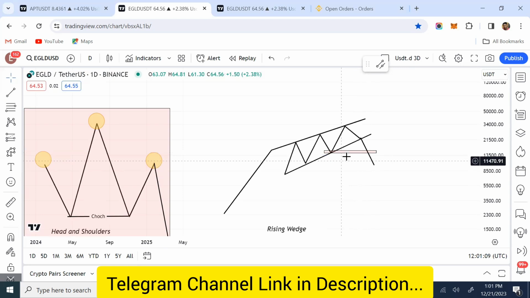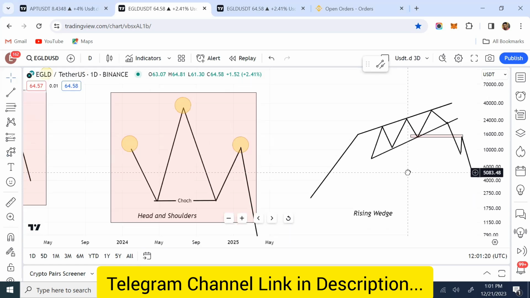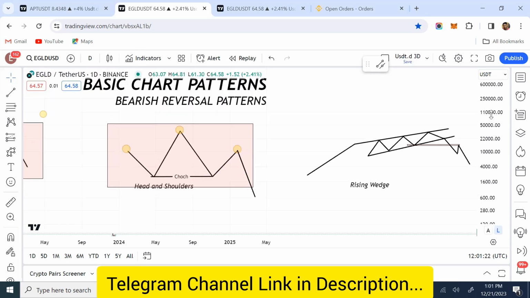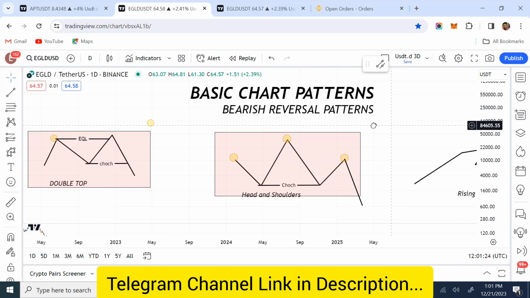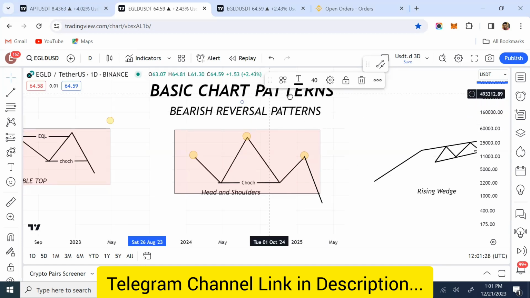It's going to break out completely, and then price will practically just retest here, test here, and begin to fall even deeper, right? So basically, this is what a bearish reversal pattern looks like.